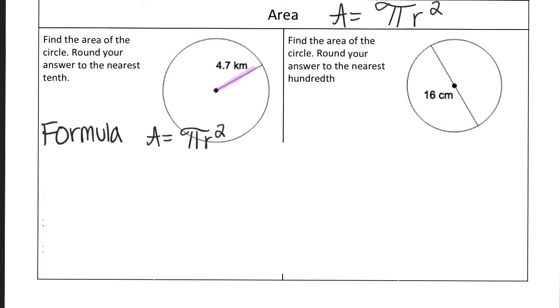My radius is right here. Okay, it goes halfway across, so it's the radius. So then I fill in what I know. The area is pi, which is worth 3.14, times 4.7 squared.